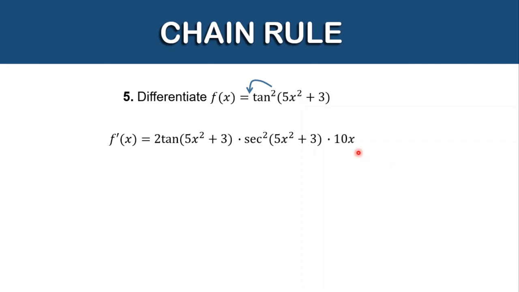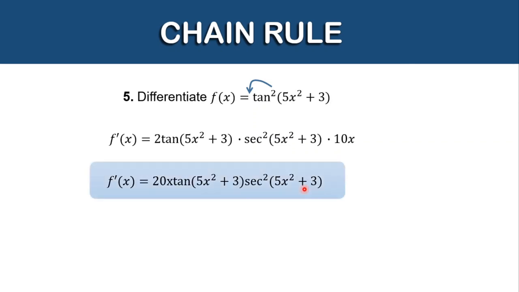Now, after having all of this, isi-simplify lang natin sila. Ang pwede natin ditong i-multiply is yung 10x tsaka yung 2. So, we have 20x tangent of the quantity 5x squared plus 3, secant squared of the quantity 5x squared plus 3. And this is our final answer dahil wala na tayong pwedeng i-simplify dito.